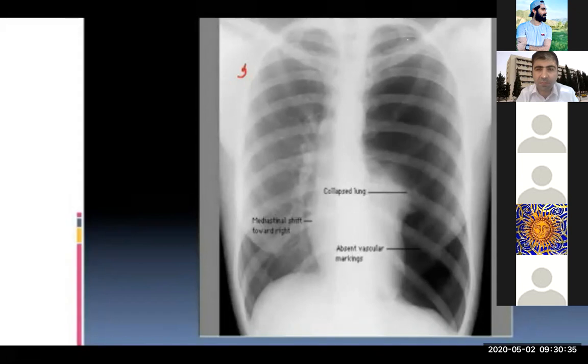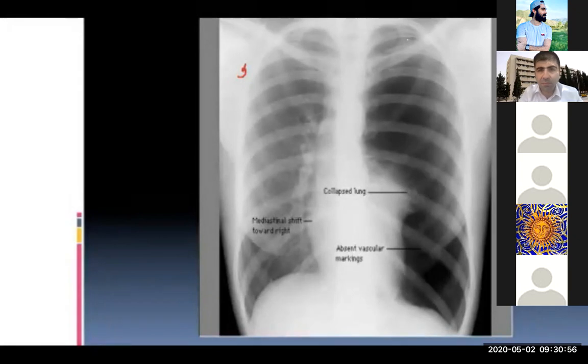I can't see any air interference across the main bronchus and right and left bronchus. B, there is no bony lesion and they are symmetrical.